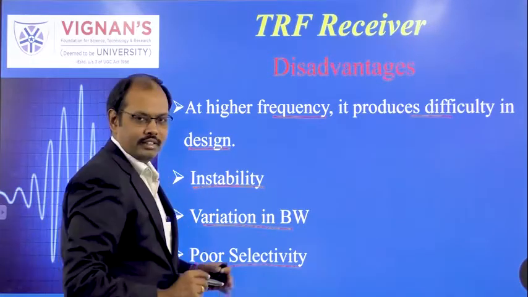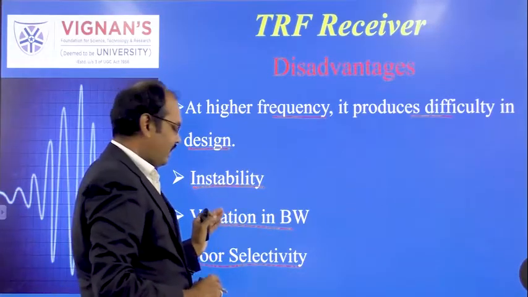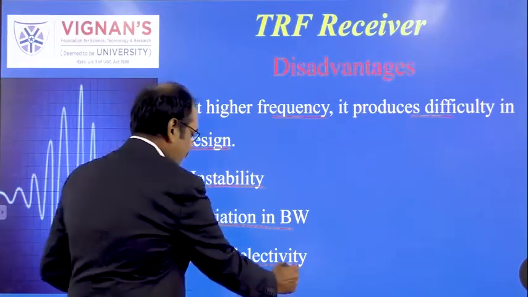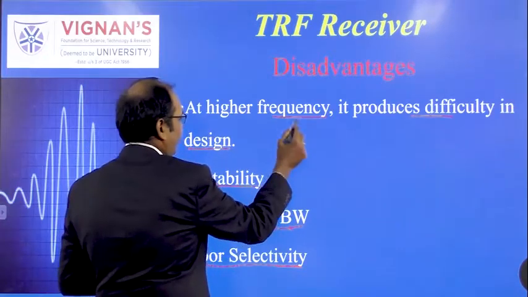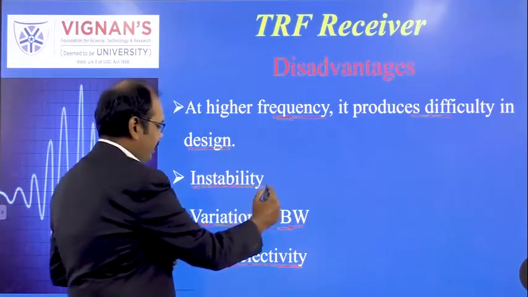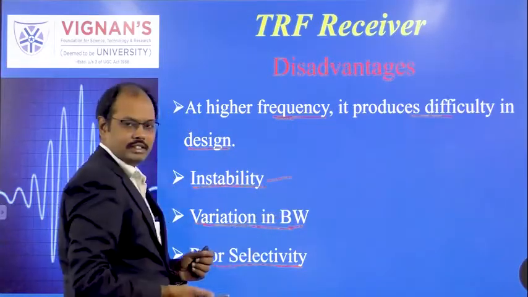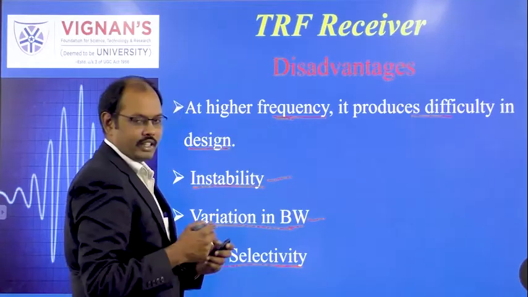Poor selectivity: we have seen high sensitivity as an advantage, whereas selectivity is very poor in the TRF receiver. So the first one is that at high frequency it is very difficult to design. Second, it is unstable, and third, there is variation in bandwidth. The last one is poor selectivity.